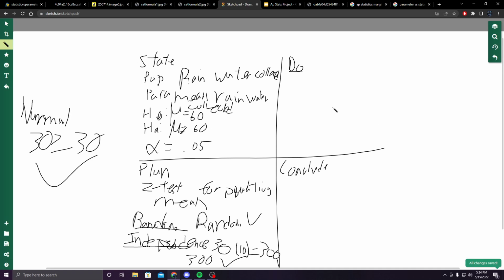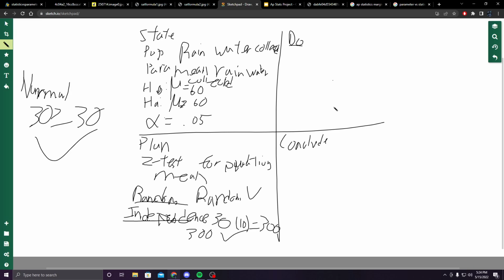Now comes the hardest part, which is the do. Up to this point, whether you're doing a confidence interval or a z-test, this should be roughly the same, other than you can't state the null or alternative hypothesis or an alpha up to this point, because they will take points off for that.